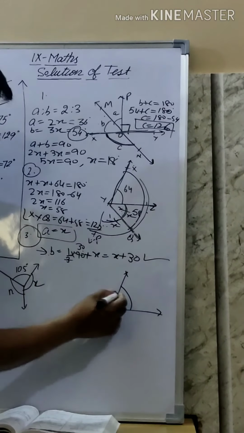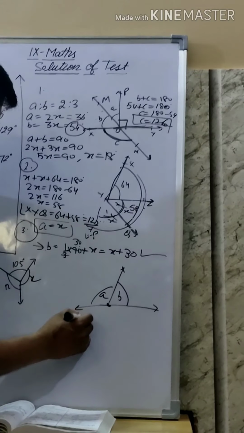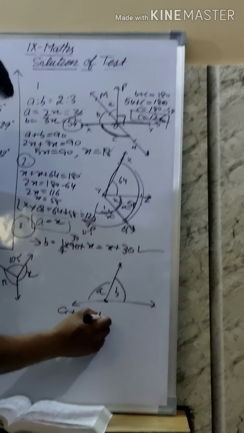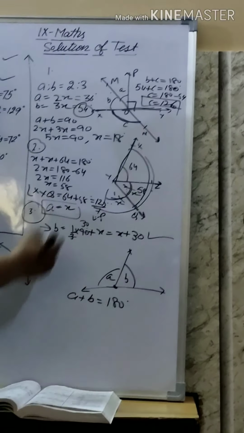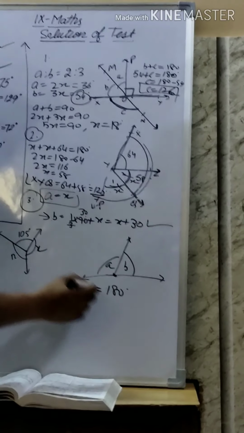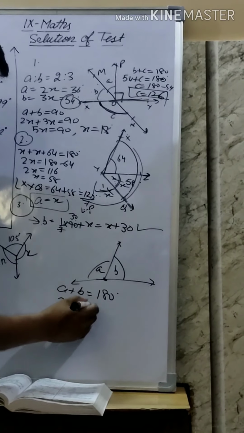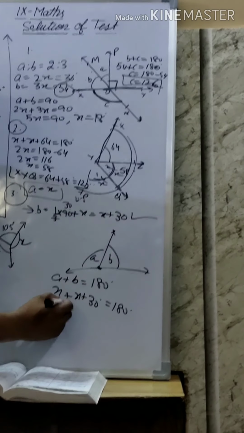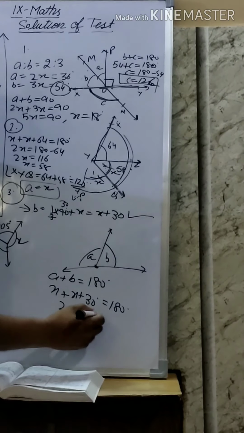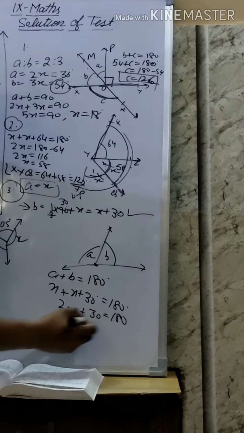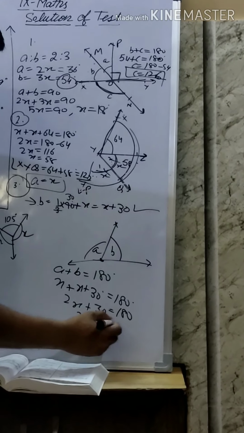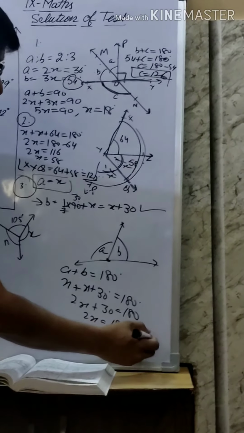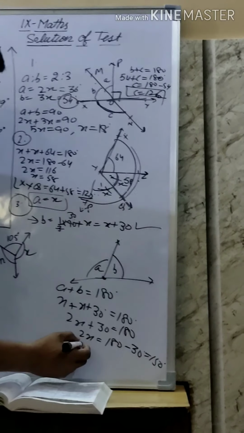So now by the linear pair axiom, A plus B is equal to 180 degrees. So A is x, B is x plus 30 degrees, equal to 180. So 2x plus 30 is equal to 180. So 2x is equal to 180 minus 30, 150.